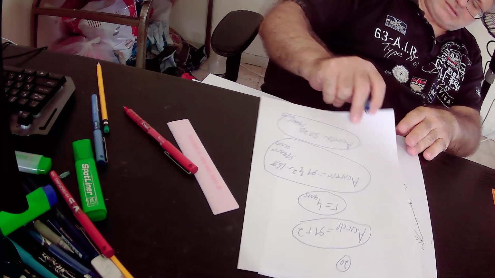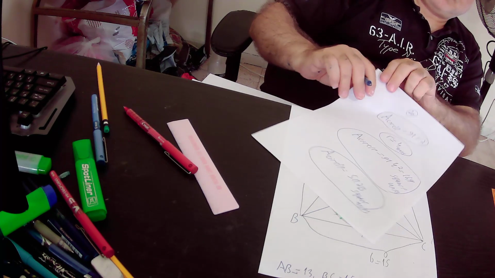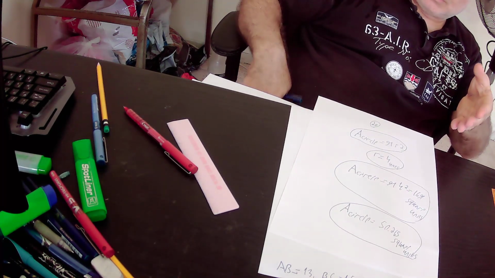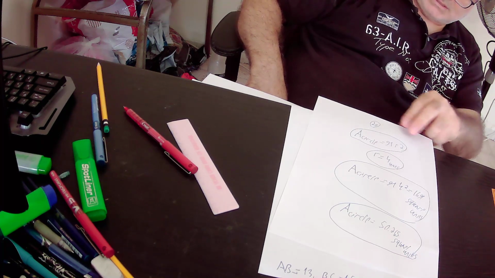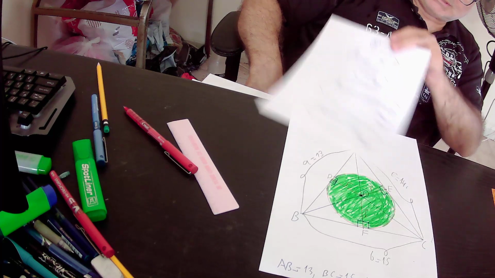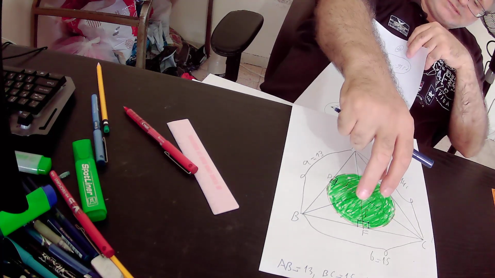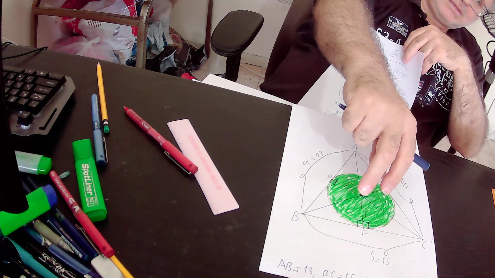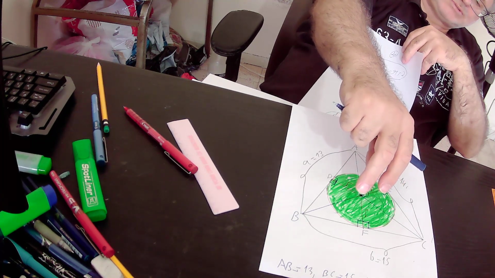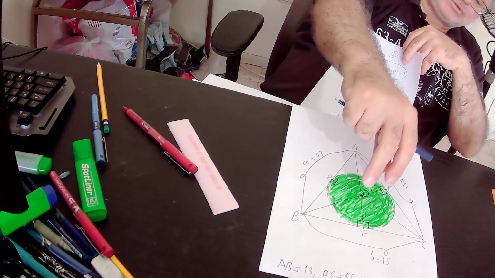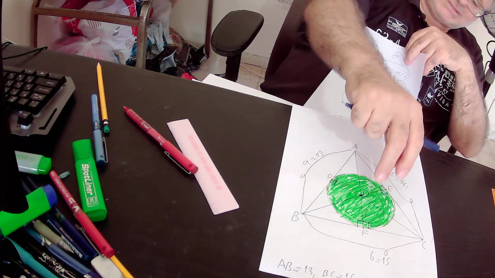Okay, the area of the green circle equals either 16 pi square units, or in terms of numbers, it equals 50.265 square units.